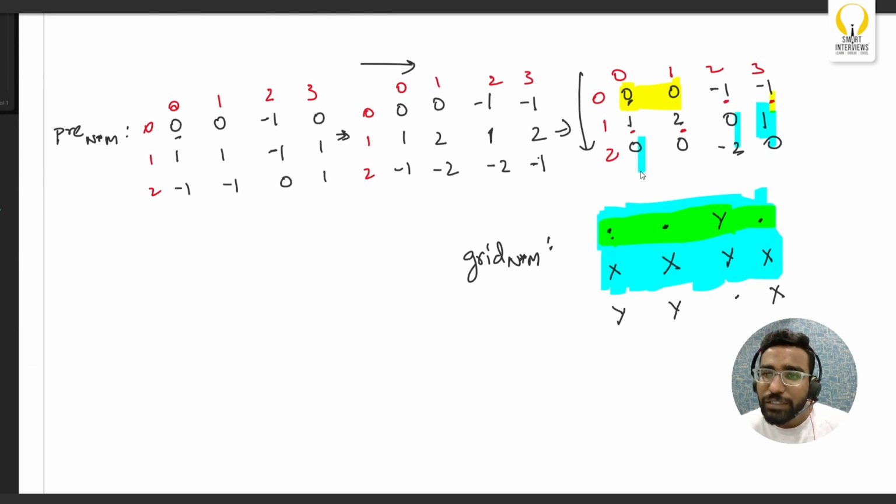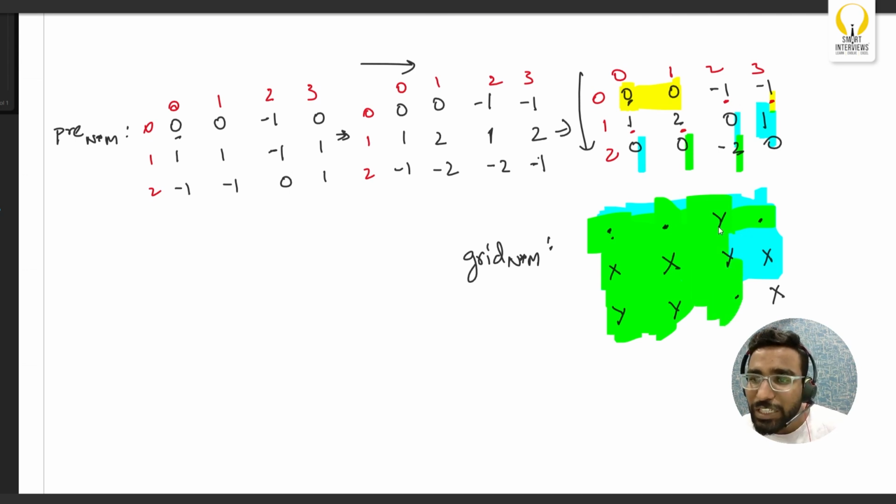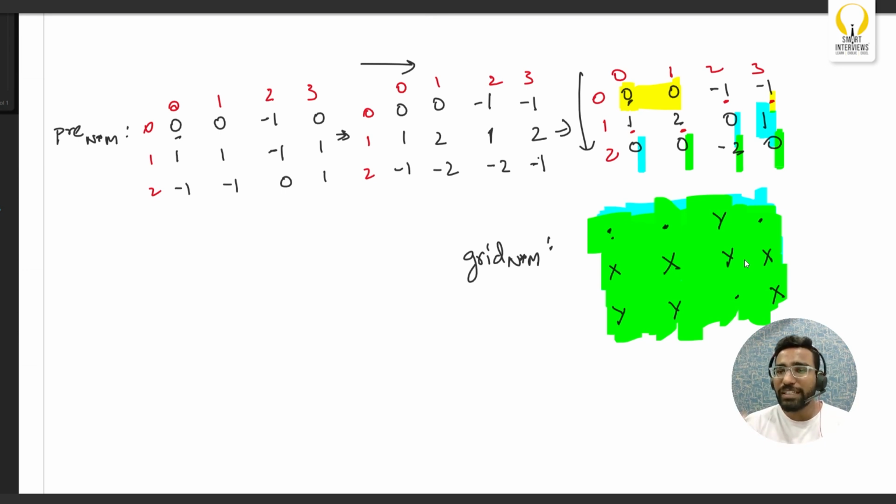And here, if you are having 0, that means in this submatrix, you are having equal number of x's and y's. Again, this 0 represents this submatrix also has equal number of zeros and ones, and this minus 2 represents you are having two extra ones, and this 0 represents you are having equal number of zeros and ones in this matrix. Is it clear? That is the reason why we pre-computed.